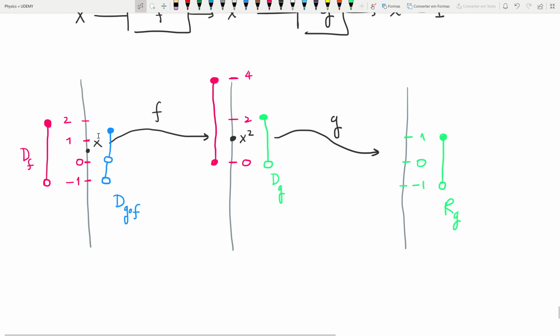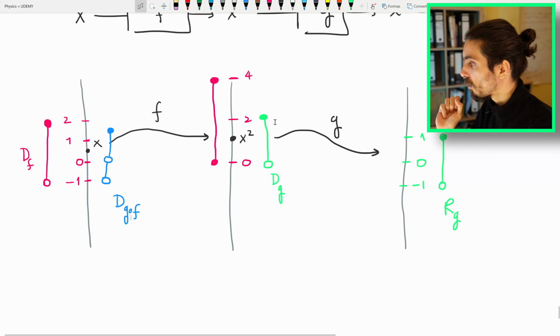In other words, the image of the blue set is the green set. In fact, let me just rephrase this in another way. Seeking those x's in the blue set such that the image falls in the green set is just a particular example of what is a preimage of a set. In other words, the preimage of the domain of g under the f function is exactly this thing here.